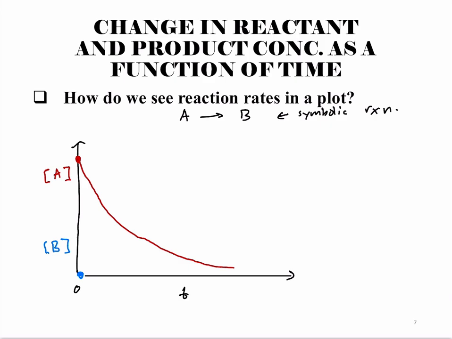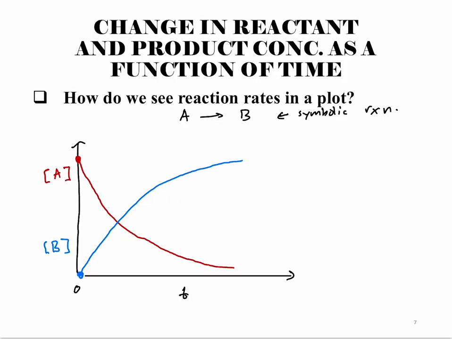And as the concentration of A is going down, what's happening to the concentration of B? It increases, right? So B is going up. This is how the concentrations should vary with time for the reaction. As the concentration of one species decreases, the other one increases, depending on the direction of the reaction.